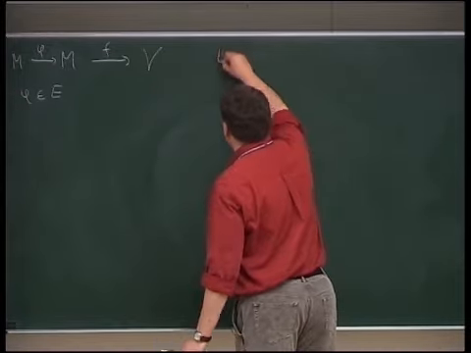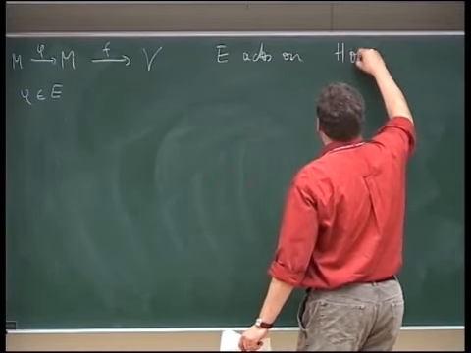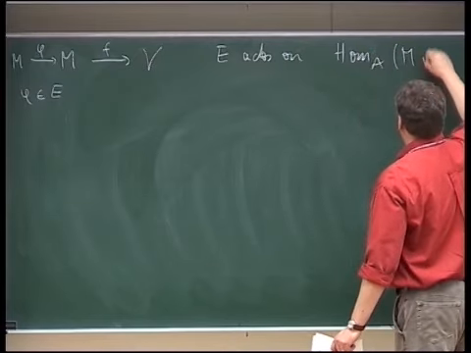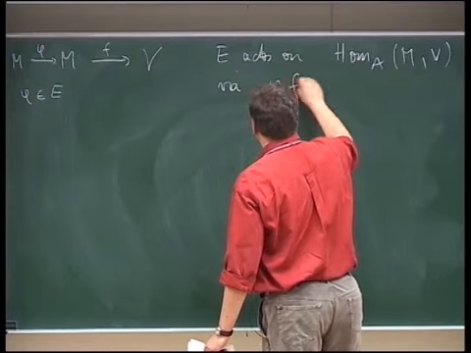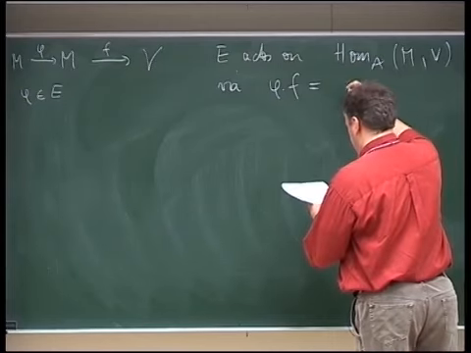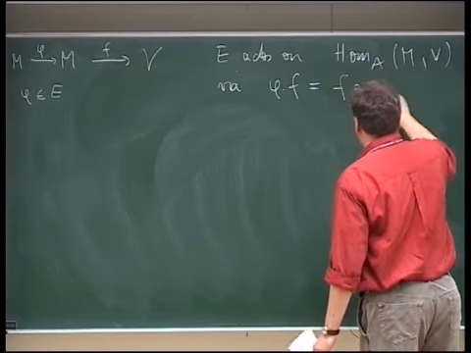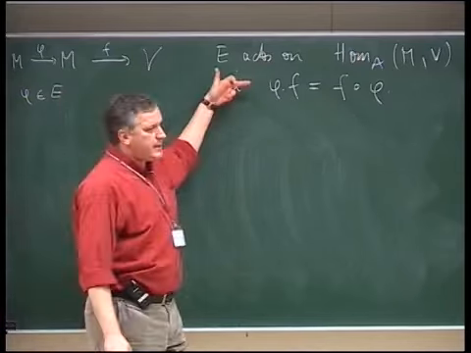So E acts on Hom via phi dot f, which is just this composition, f composed with phi. And this is why I have to take the opposite algebra here, so that it comes out right, that I really get a left action.